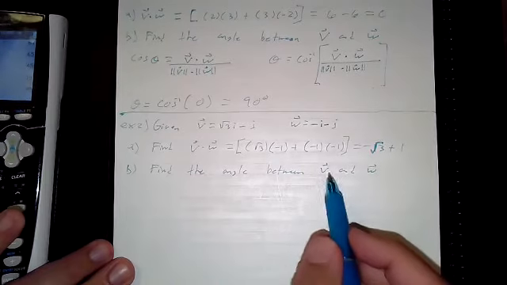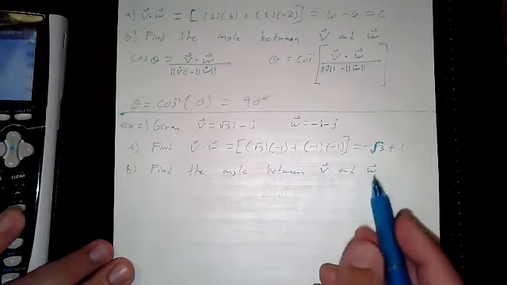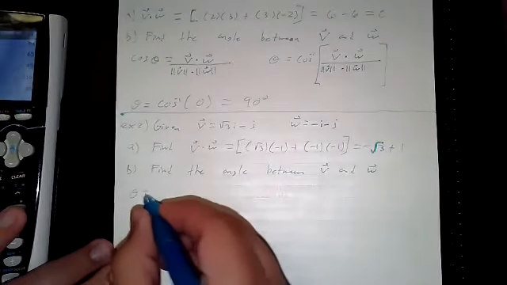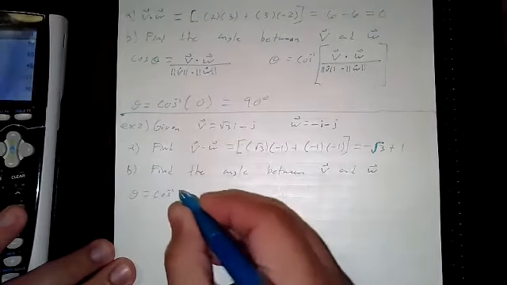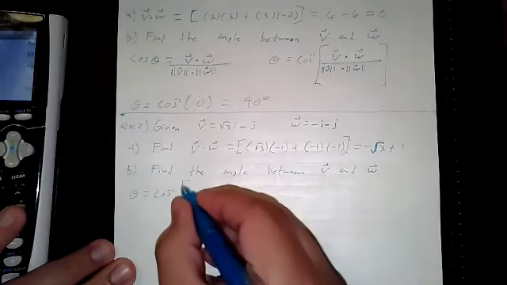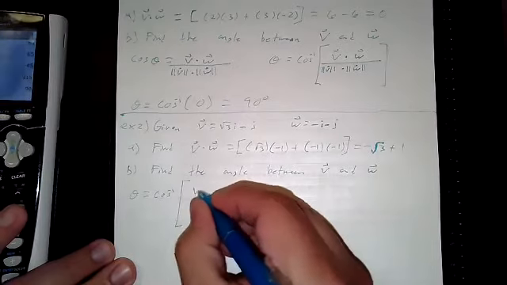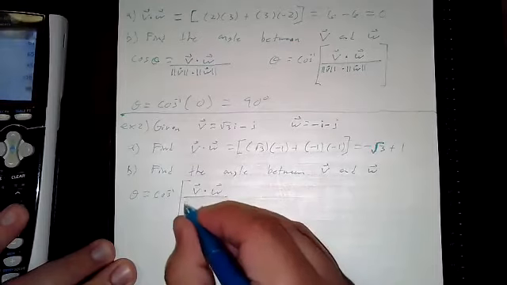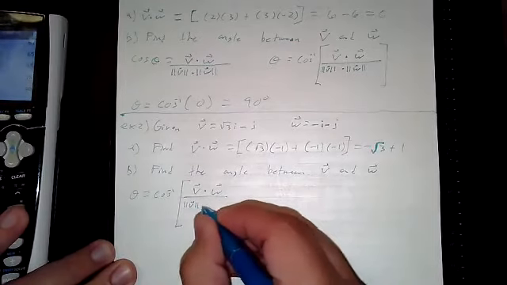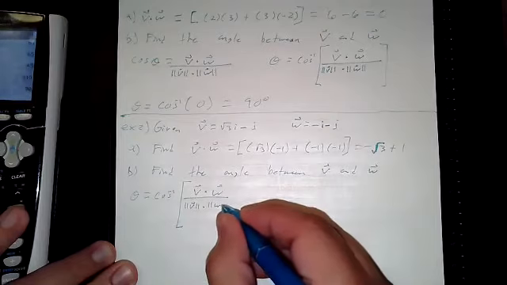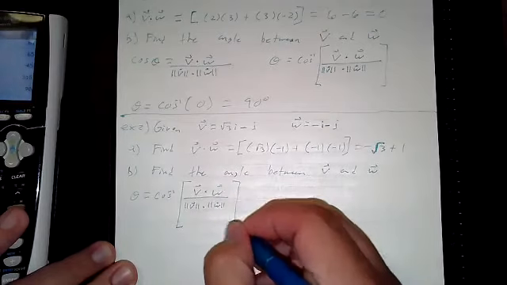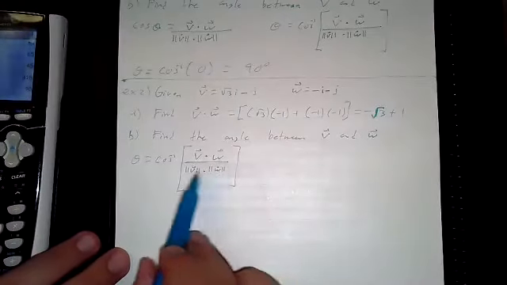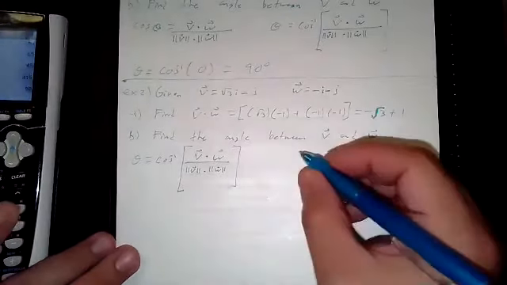Now, angle between will simply be theta equal to cosine inverse of all this stuff, V dot W over the magnitude of V and the magnitude of W. So we don't have the magnitudes, so we're going to have to find those first, right?